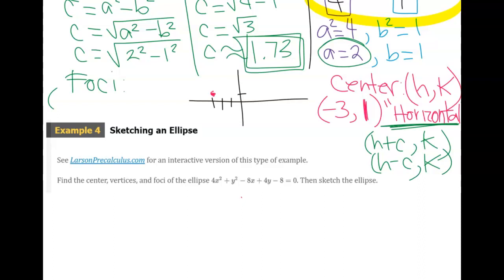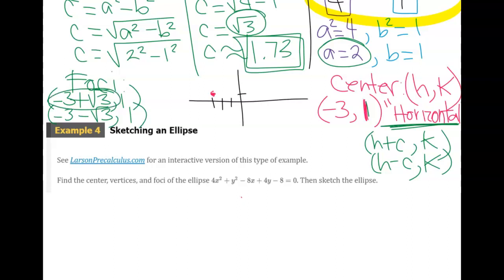So the coordinates for the foci will be at negative 3 plus the square root of 3, comma, the value for k, which is in the center, is 1. Or the other one will be negative 3 minus the square root of 3, comma, 1. And of course, if they want the exact answer, you just leave it like that.